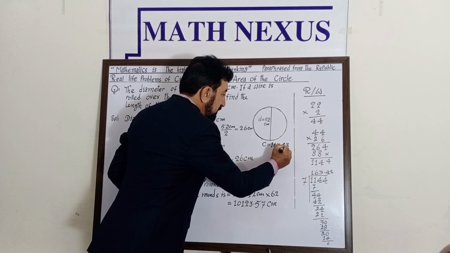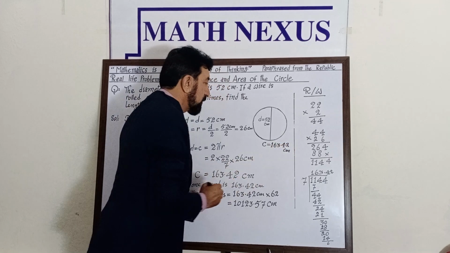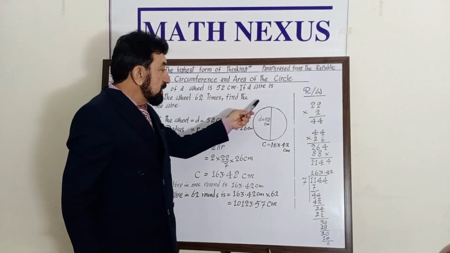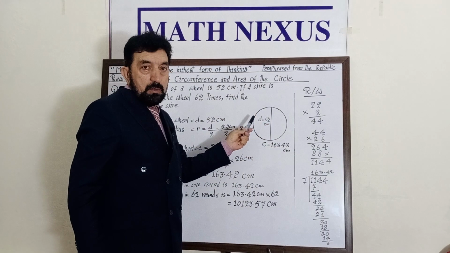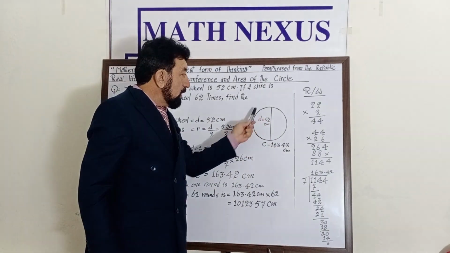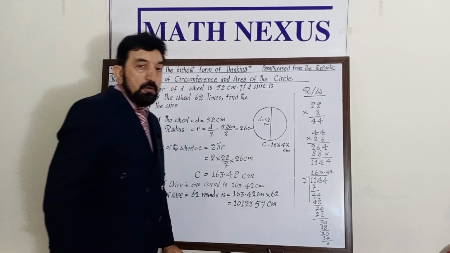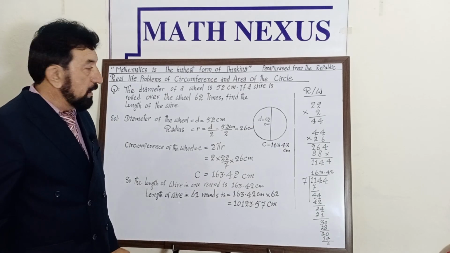163.42 centimeter. Now it means that one round of the wire is equal to 163.42 centimeter.